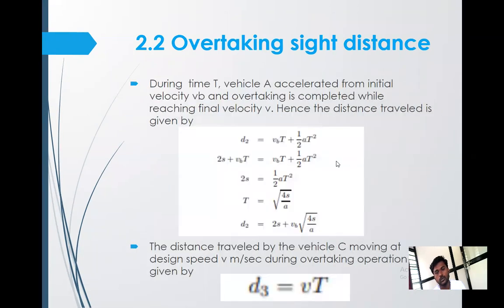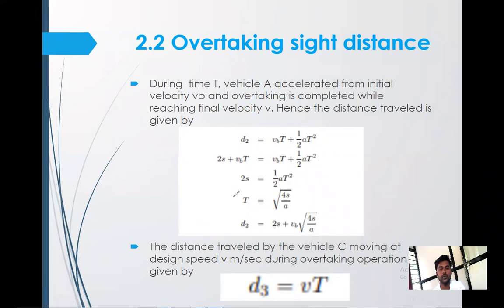So D2 is equal to Vb into T plus 1/2 alpha T square. This is the formula for calculating the distance D2. By this formula, they have calculated T, the total time required for the overtaking operation, and this time is equal to the square root of 4S divided by A. This is a very important formula, everyone.